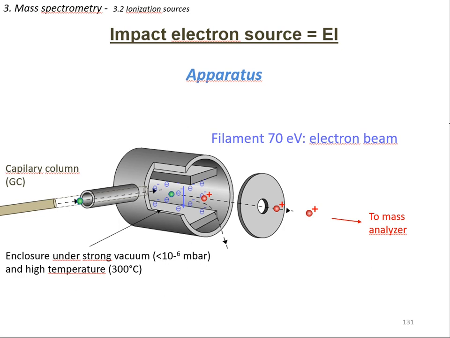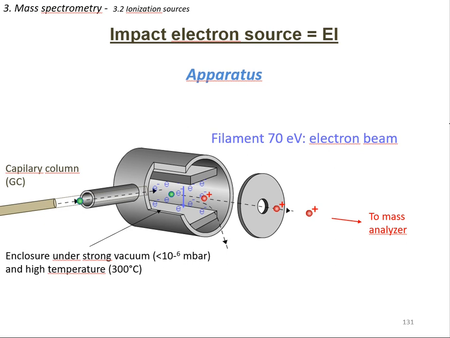So this is how it works. This source is just a block of metal with a filament that is subjected to a certain tension, 70 electron volts, and it will emit electrons. This filament will bombard the molecules that come out of the capillary column in gas phase.